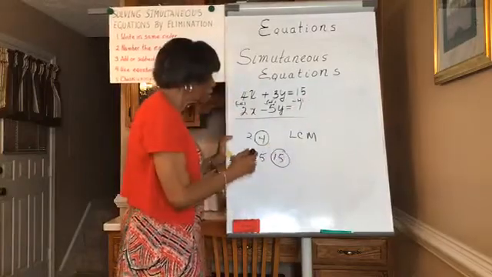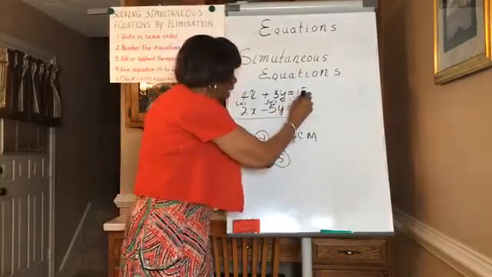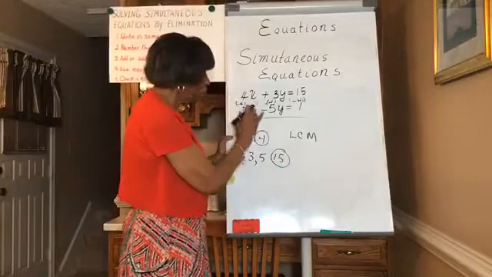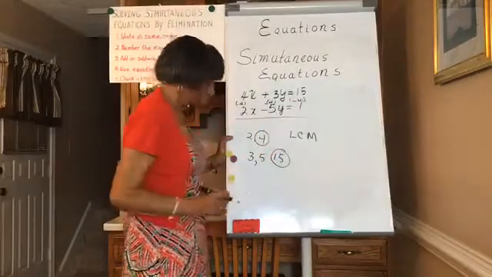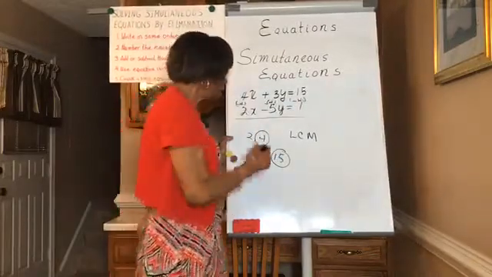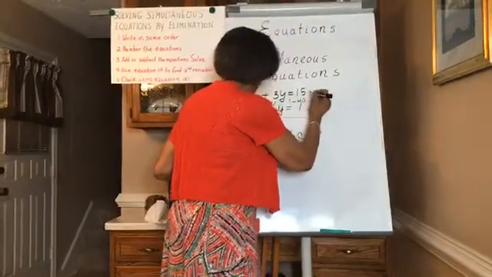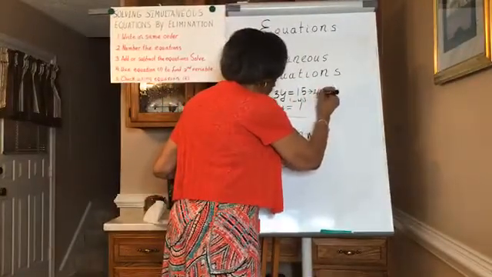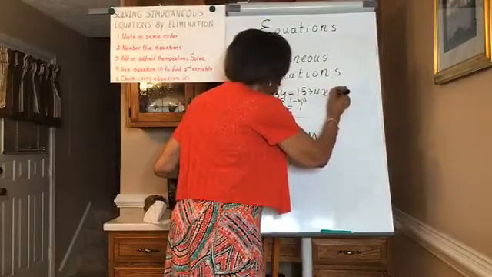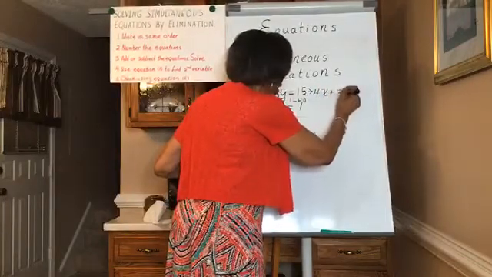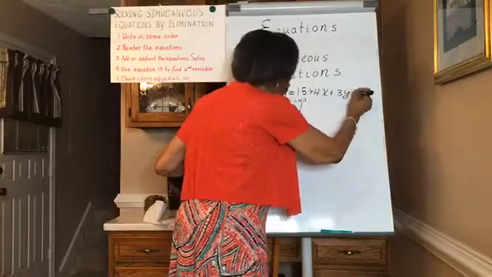I put it up there because I don't want you to forget that you have to do each one of these. So I can write the first equation over because I like for them to be one under the other. 4x plus 3y equals 15.